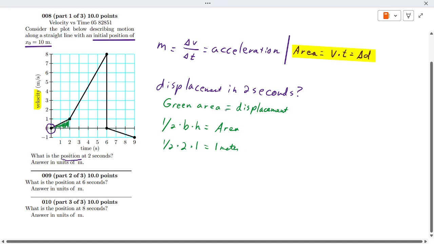Now remember though that it started 10 meters away from the origin. So 1 meter plus 10 meters means that the answer to number 8 is 11 meters. So its position is at the 11 meter mark at 2 seconds.